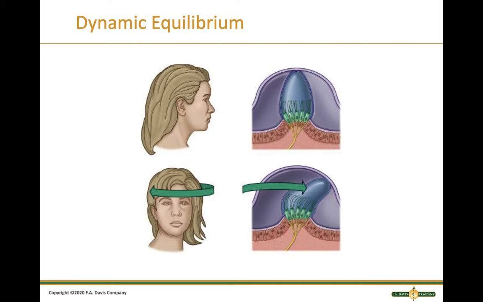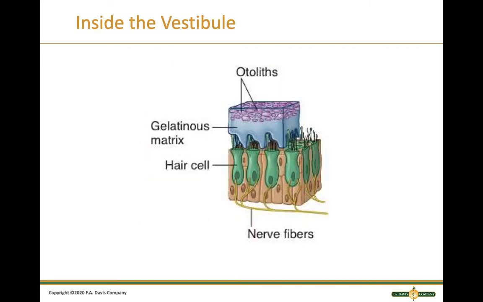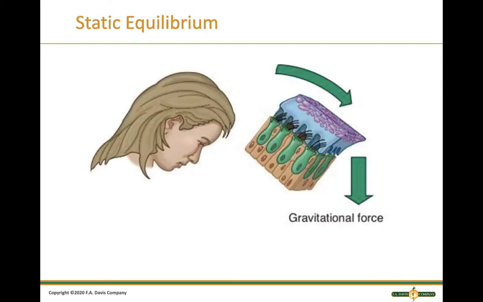If we look inside the vestibule, we have these otoliths. They're like crystals, and they're over other hair cells. And they're more involved with detecting static equilibrium. So, for example, if you bend forward, these otoliths are going to move forward, and that's going to bend the hair cells.